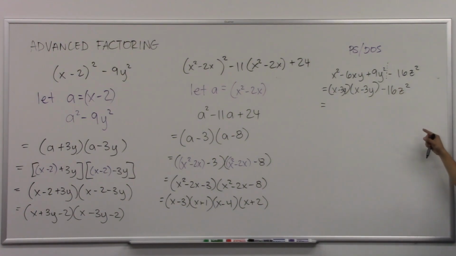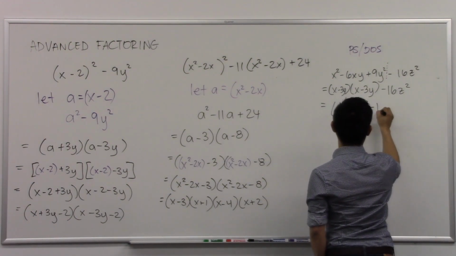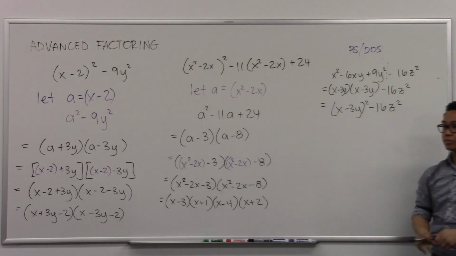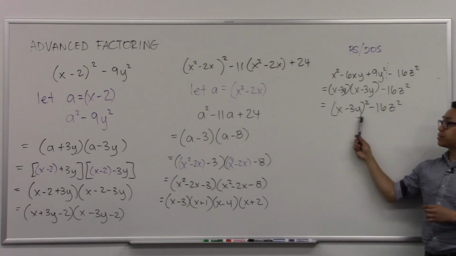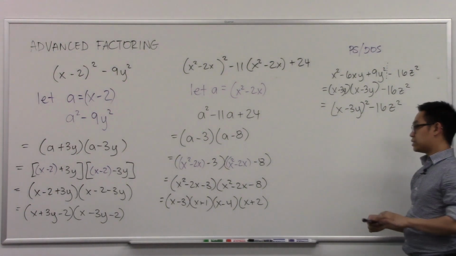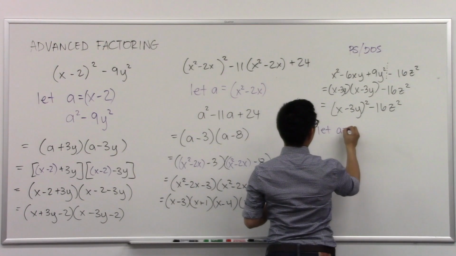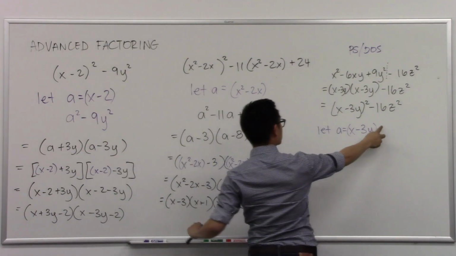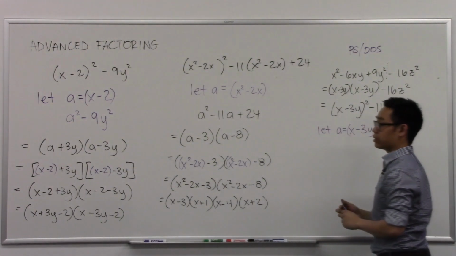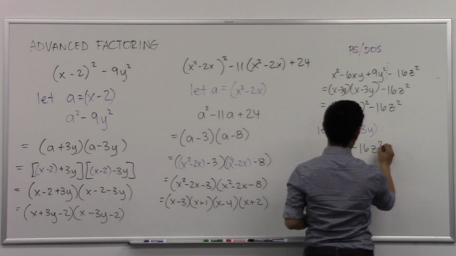Now this can be written more elegantly. It can be written like this, because this times this can really be written as this. Now we're in this situation again. Let A equal x minus 3y in brackets. Notice you don't make it squared. You just make it the bracket portion without the squared. It changes this to a squared minus 16z squared.